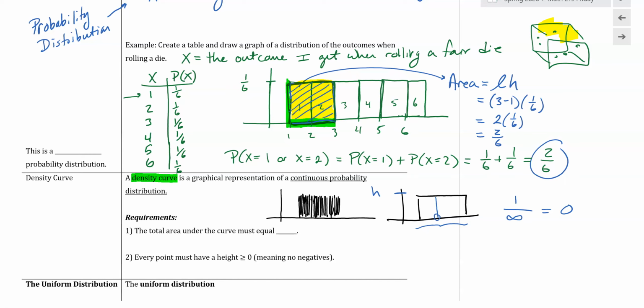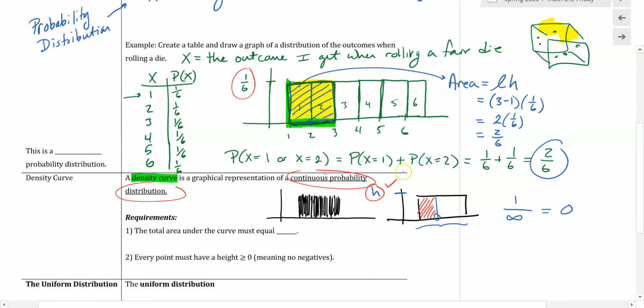So anyways, sorry. I'm not quite sure where I left off, but the point I'm trying to make is that no longer for a continuous probability distribution function is the height of the curve what determines the probability like it was here. It's instead the area under the curve that's going to determine the probability.